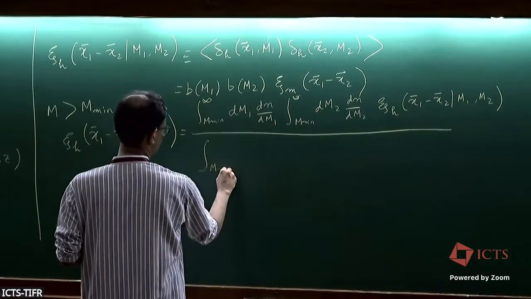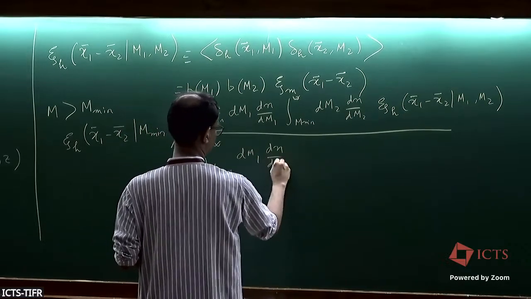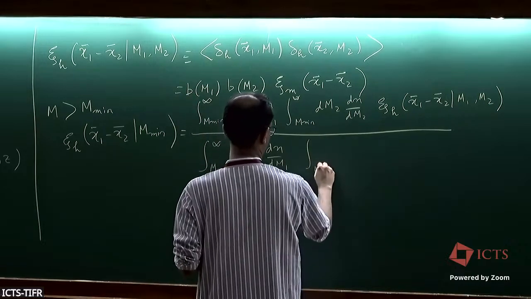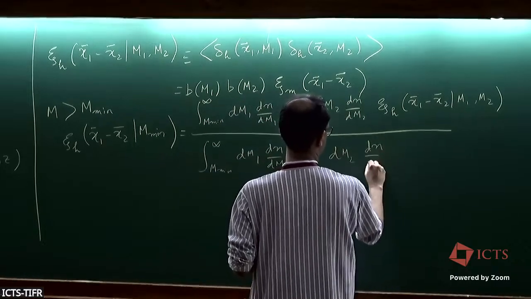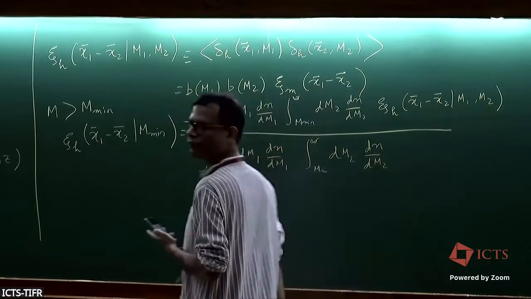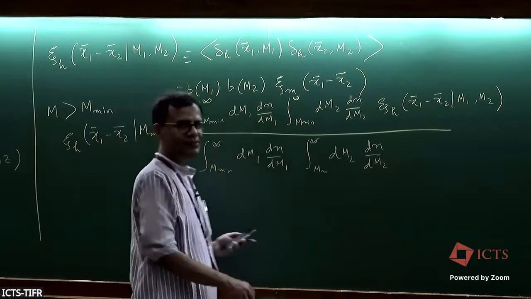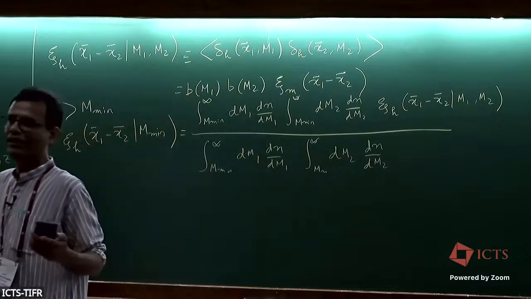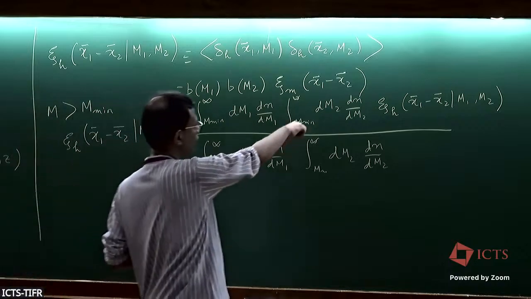So you have to make sure you count the number of halos. Okay. So what you are saying is at point x1, I have a halo of mass m1. At point x2, I have a halo of mass m2. And in each of these cases, because I have allowed all halos above m min, m1 can go from m min to infinity, m2 can also go from m min to infinity.